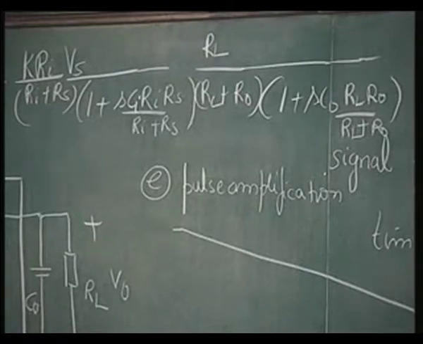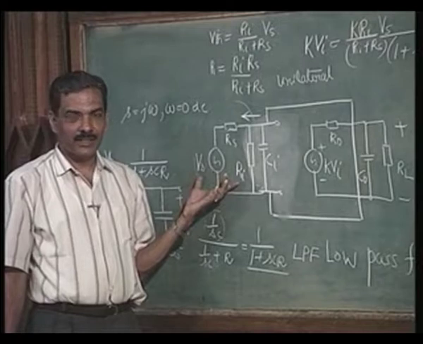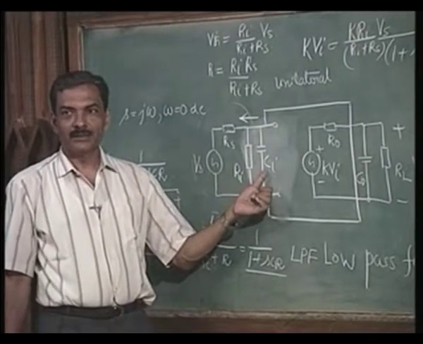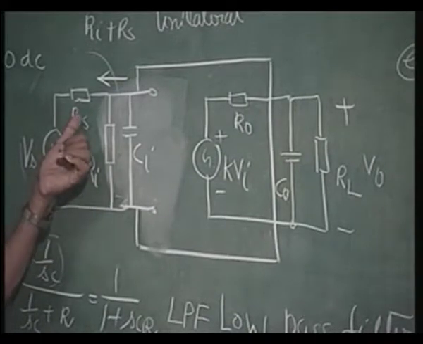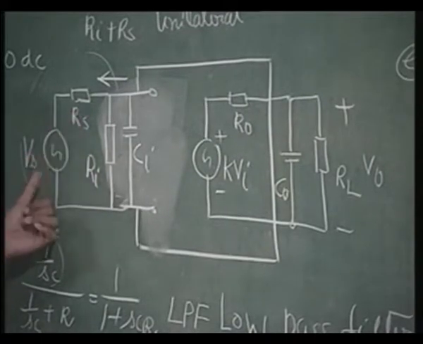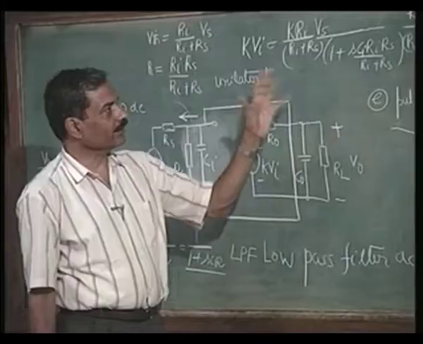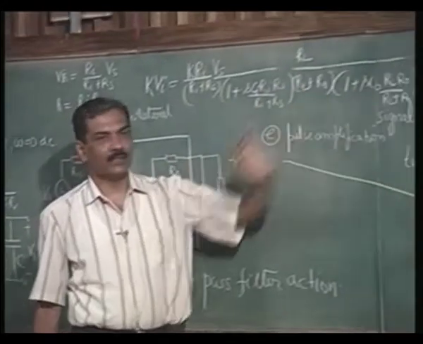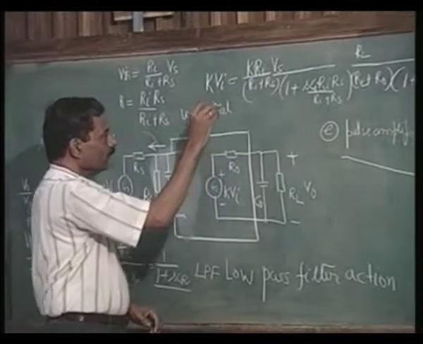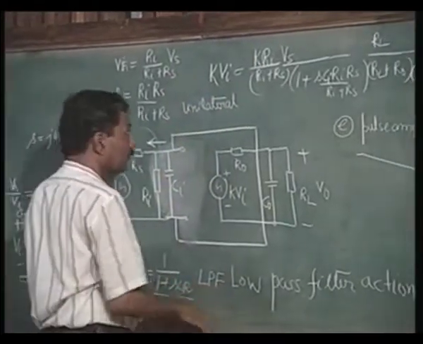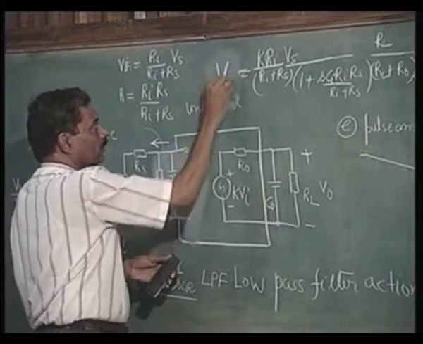I am writing it straight away because we know that it is exactly similar in nature, except that Ci is replaced by C naught, Ri is replaced by RL, Rs is replaced by R naught, and Vs is replaced by K times Vi. Okay. So the analysis is similar, and therefore it will come out with another attenuation like this. So the total gain is going to be this whole thing, is going to be equal to V naught.